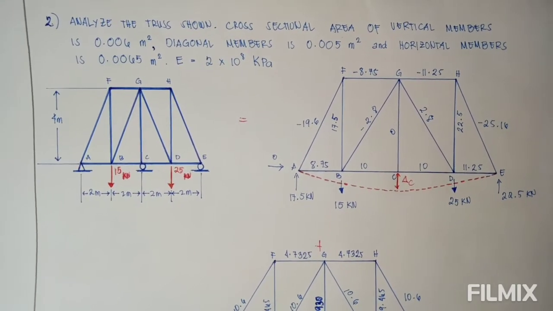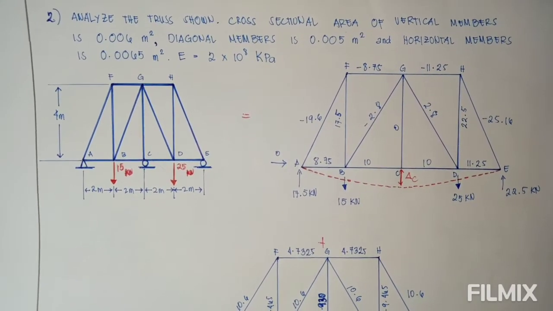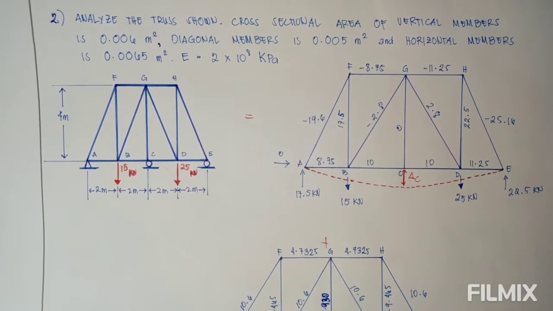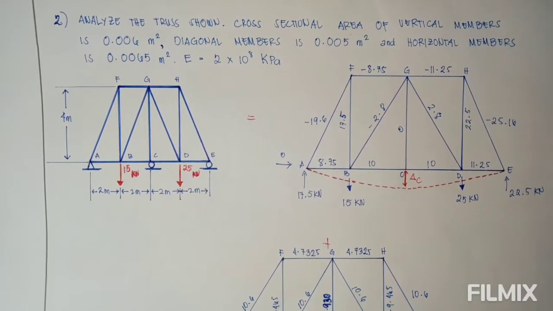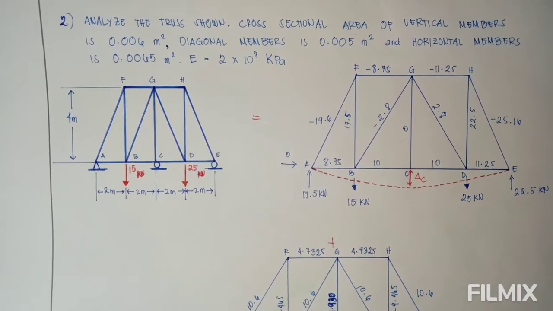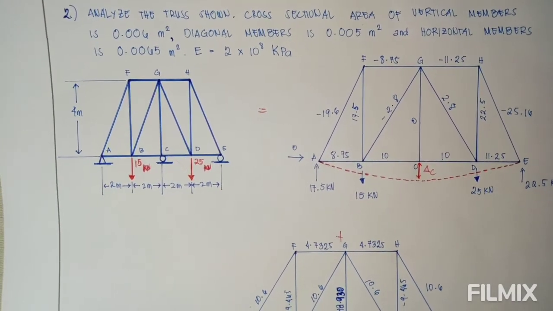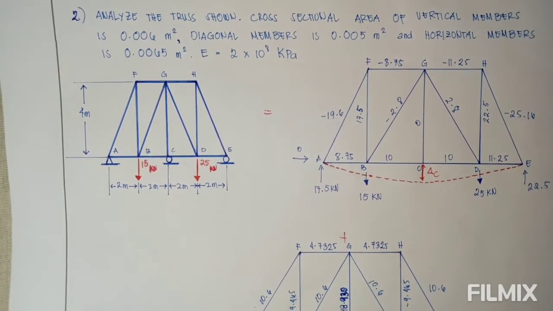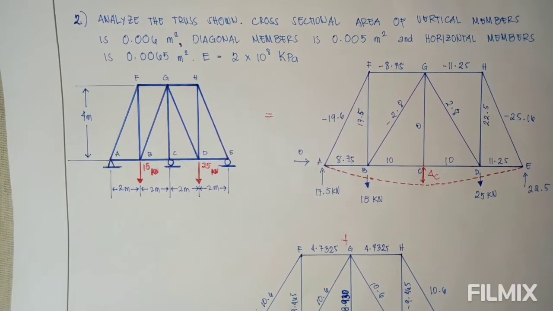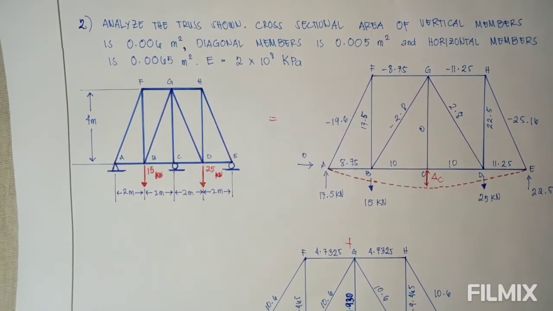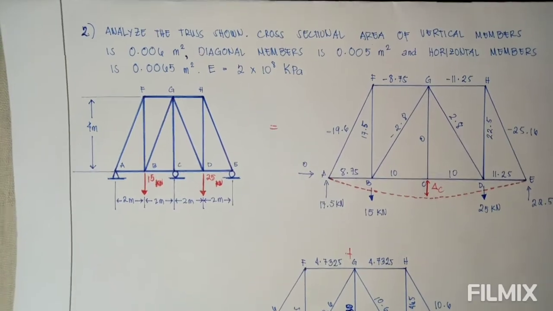In this video, we are going to look at applying the force method to solve a system of trusses and frames. We all know that the force method can be used for solving statically indeterminate structures.